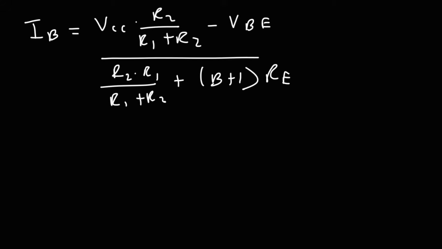Because this formula was very useful in helping us to calculate the base current. So let's understand how we can derive that formula. So here we have an equivalent circuit of the circuit that we had before, just without the capacitors. Now, what we need to do is draw the Thevenin equivalent of this portion of the circuit.